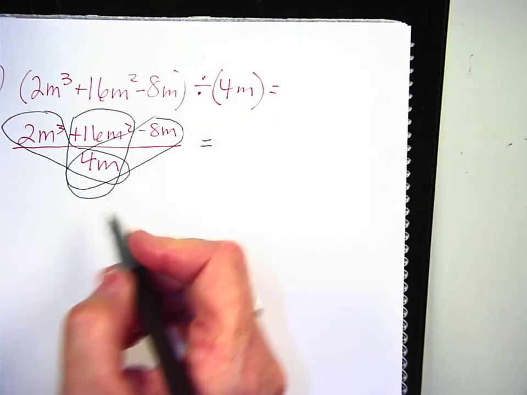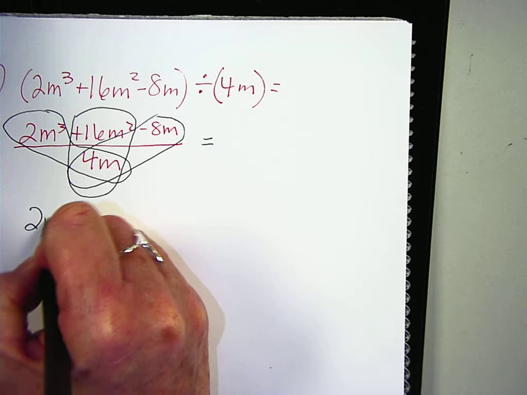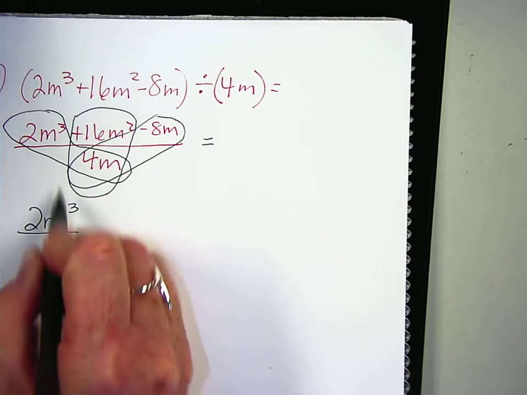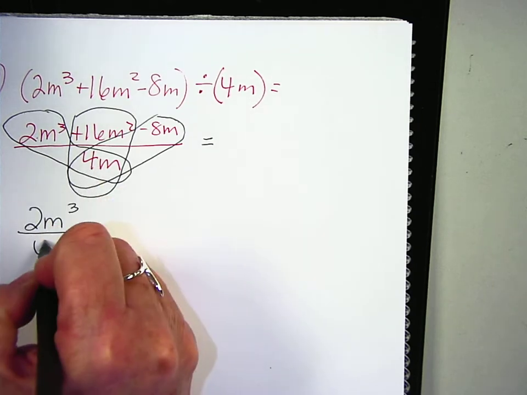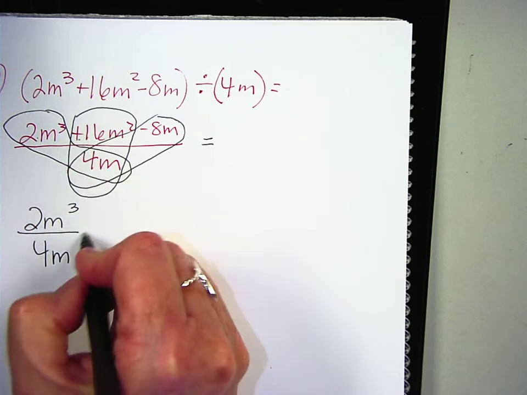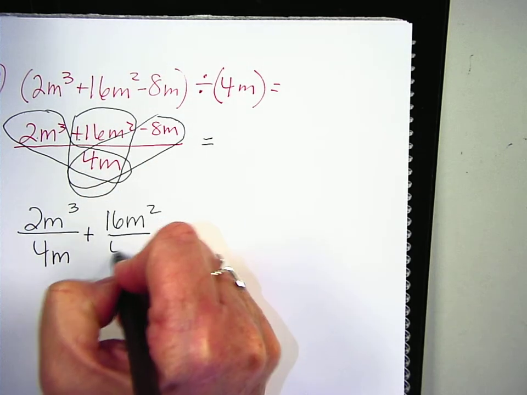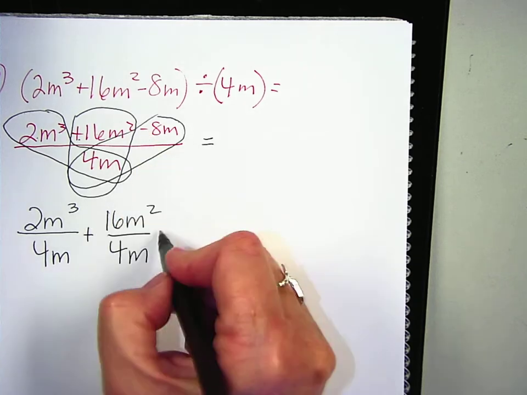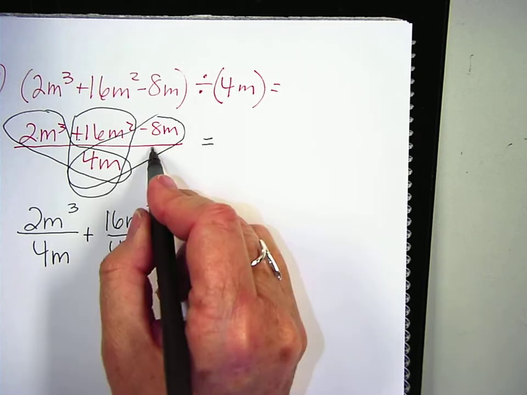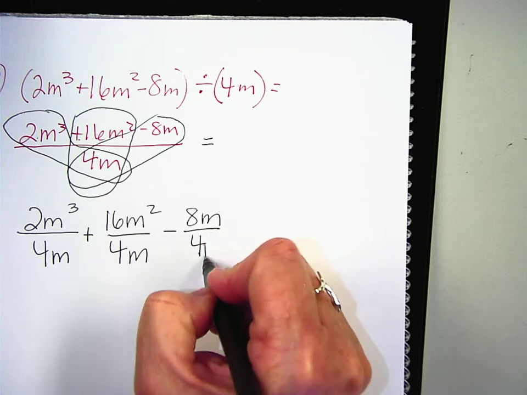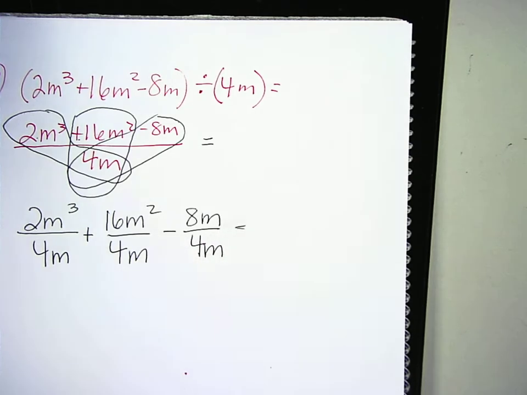So we're going to rewrite this as 3 separate fractions, 2m cubed divided by 4m plus 16m squared divided by 4m minus 8m divided by 4m.